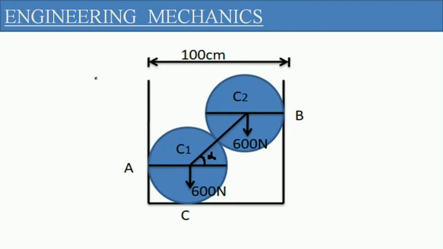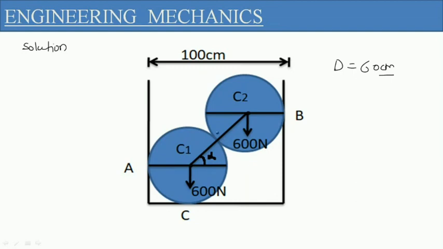So here is the diagram. Let us define the center of the sphere. We know the diameter, which for each sphere is 60 centimeters. As per the given diameter, we will define the center of sphere 1 and sphere 2. Let us consider C1 and C2 as the centers of sphere 1 and sphere 2.